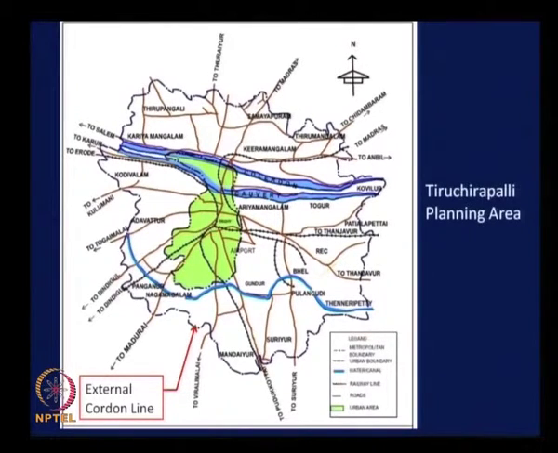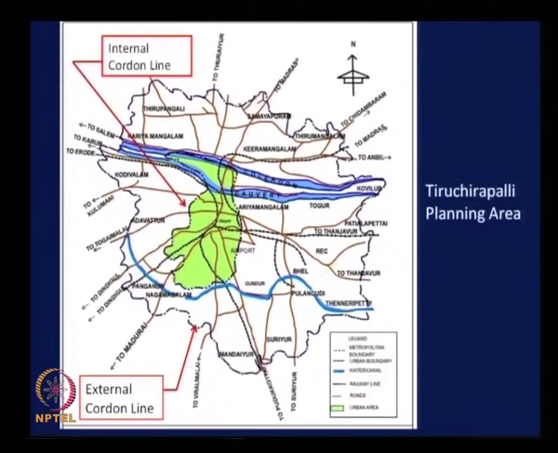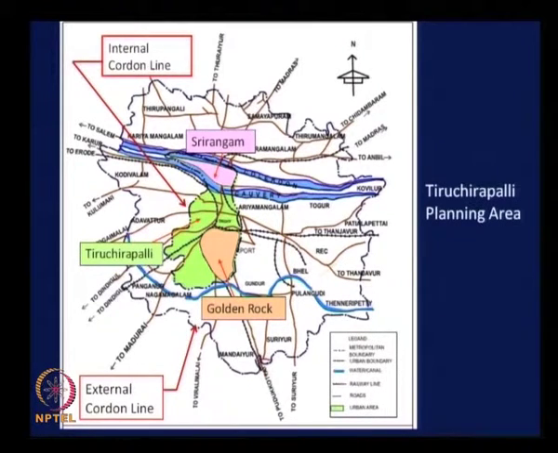That is how the line has got a difficult uneven shape, and the internal cordon line was taken as the municipal boundary itself, putting all the 3 municipal towns of Srirangam, Golden Rock and Tiruchirappalli together. The combined boundary for all the 3 municipal towns is the internal cordon line, and you can have many more cordon lines if you want to cross check your data at regular intervals over space.